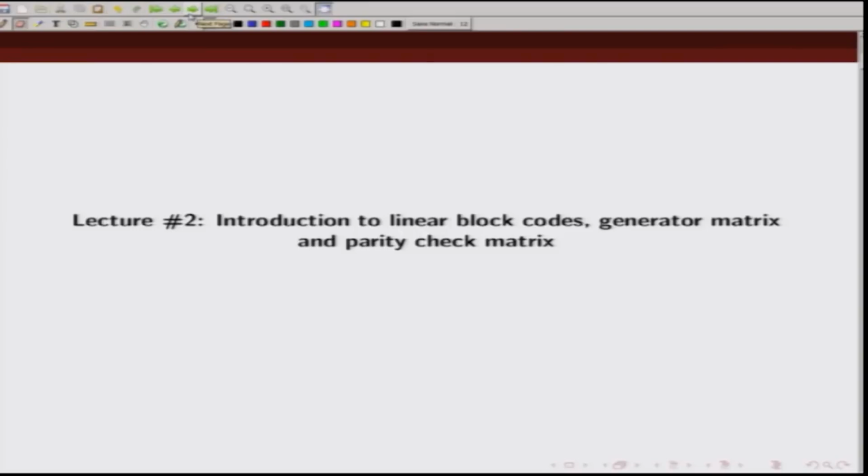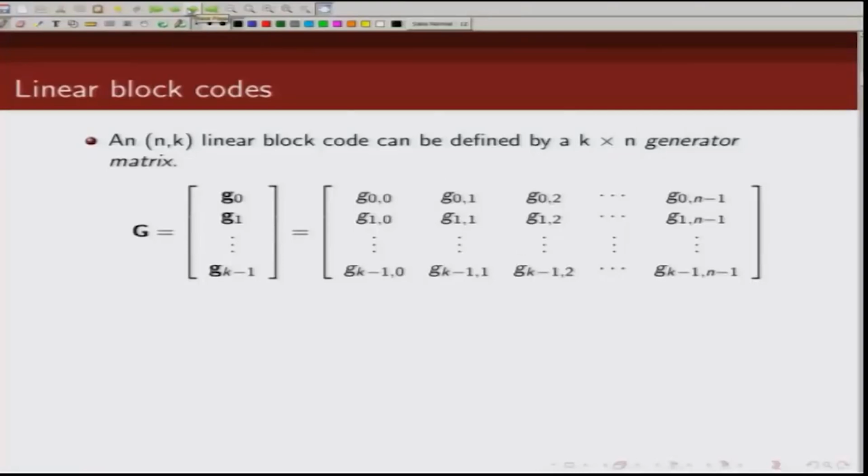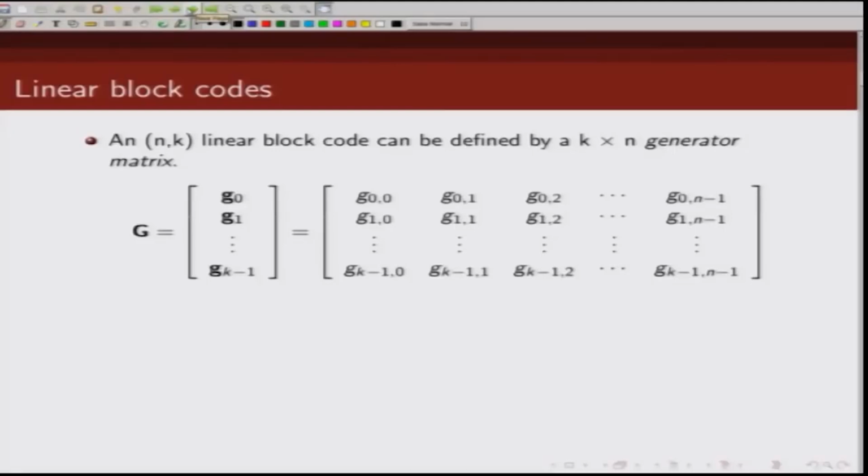So, as we described in the last class, an encoder for a linear block code takes a block of k bits and maps it to n bits. Now, we can use a k cross n matrix to define this mapping from k information bits to n coded bits, and this matrix is basically our generator matrix.